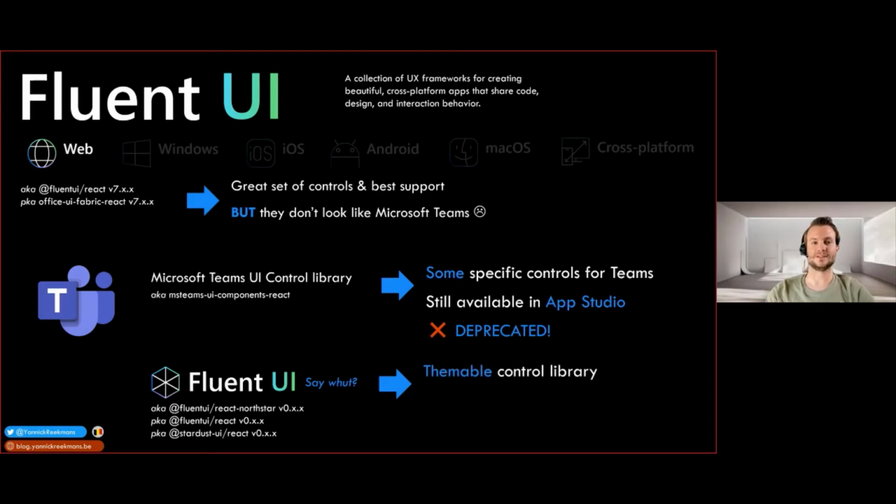So that's why this is a very big slide that builds up for everything. That's Fluent UI, also known as React North Star, which has a goal of being a themable control library.